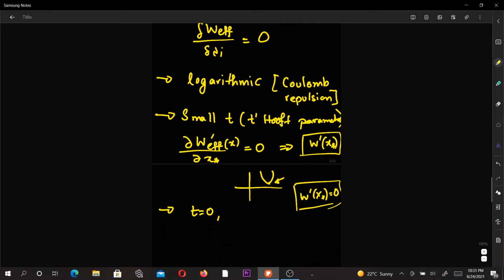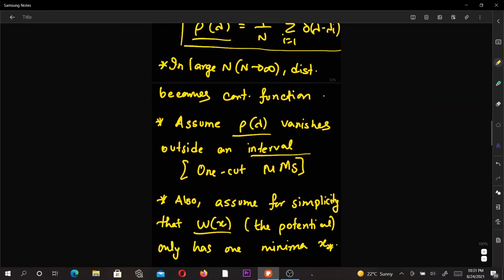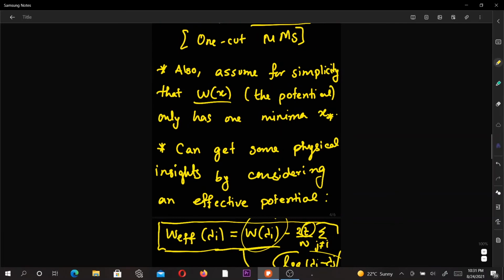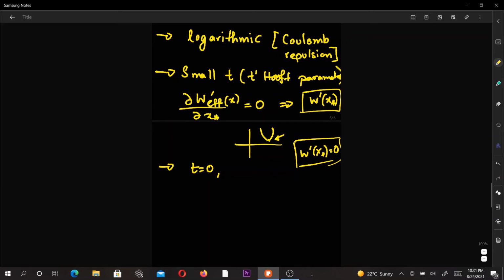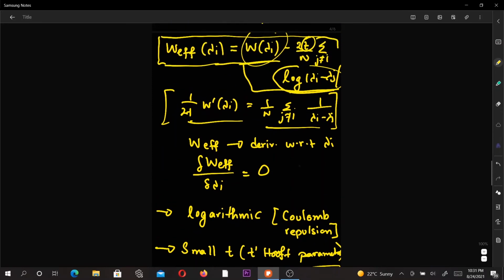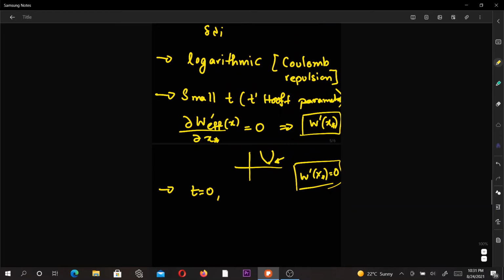This is what happens. Now, if you remember, we considered an interval, that our rho lambda vanishes outside an interval. So think of it, if the 't Hooft parameter t is 0, this term is 0, there is only one minima, and the eigenvalues are distributed just at the minimum, right?